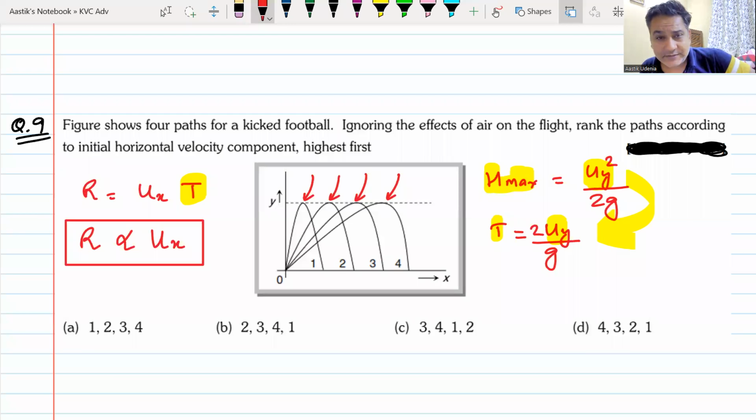Vertical velocity is same, so whatever has more ux, it will have more u. And therefore, 4 will be maximum and 1 would be minimum. 4 followed by 3, followed by 2, followed by 1. And that is the answer that we are looking at. Do we understand this? Yes or no?